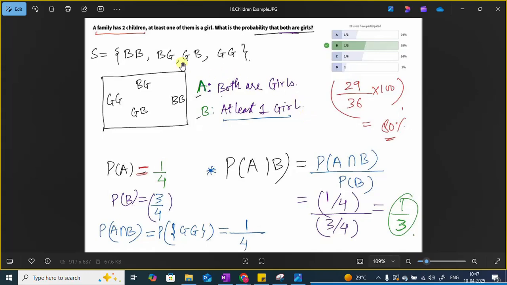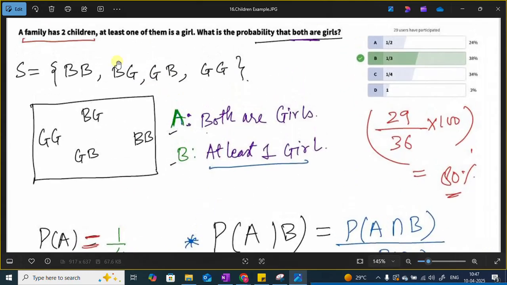Why? Because in my question it is written clearly. Read the question carefully. At least one of them is a girl. What do you mean by at least one girl? Either girl then boy, or boy then girl, or maybe two girls. Getting my point? But out of this sample space, the accepted criteria is only three because at least one girl.